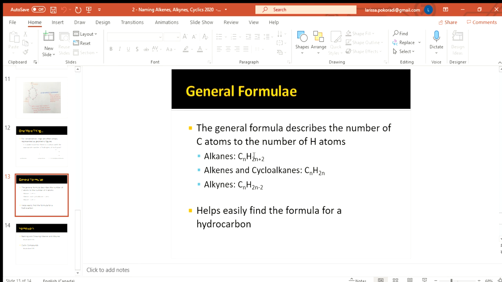So there's a way, if there's no branches or alkyl groups coming off of an alkane, alkene, and cycloalkanes, to find out how many hydrogens it would have. And that would be CnH, with n being how many carbons there are, and then twice that many carbons plus 2 to find what the general formula for an alkane would be. So check that using that chart from the last lesson, and it should all add up.